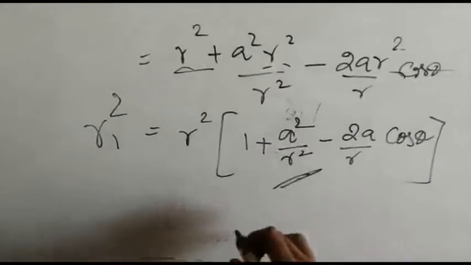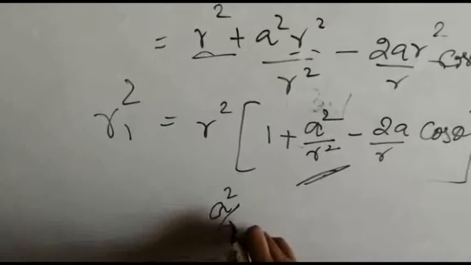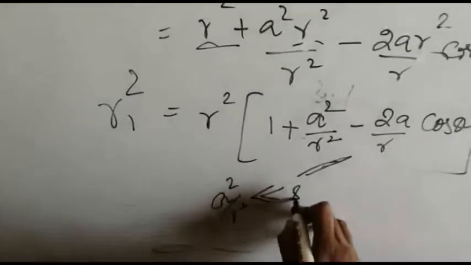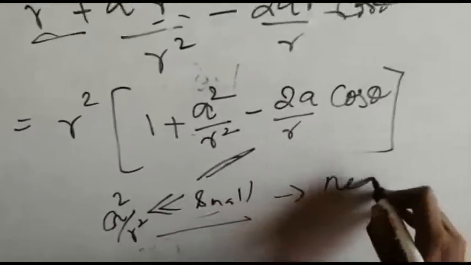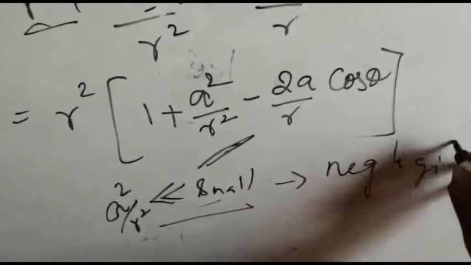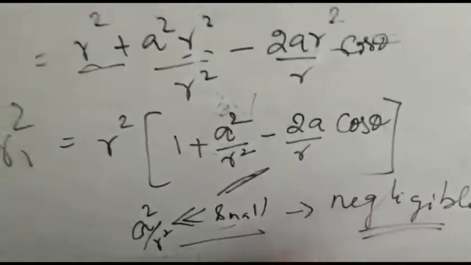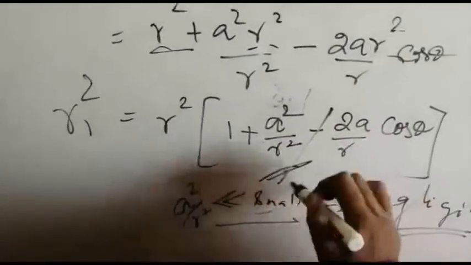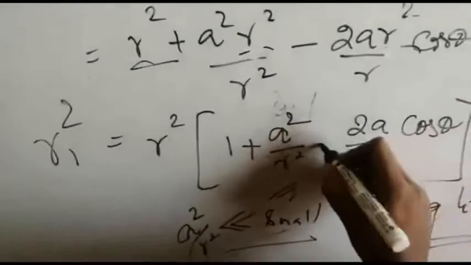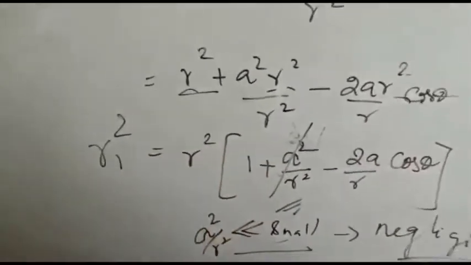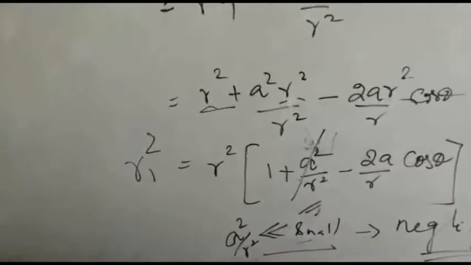This a square by r square value is very much smaller. So it is negligible. So need not consider this term. So leave this term and write the value for r1 square.